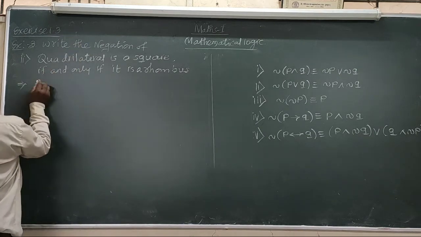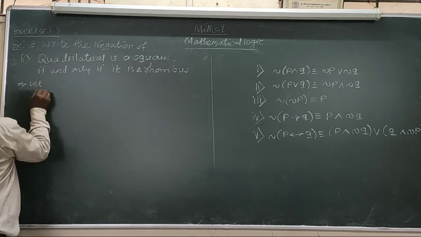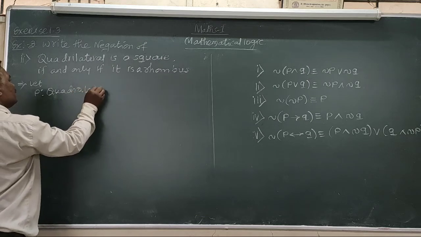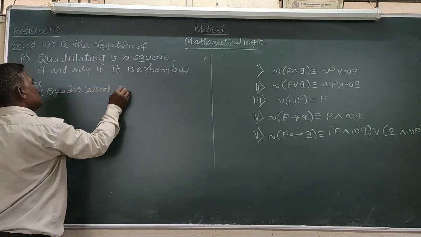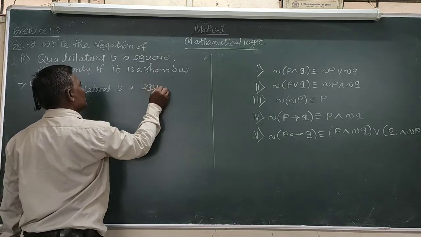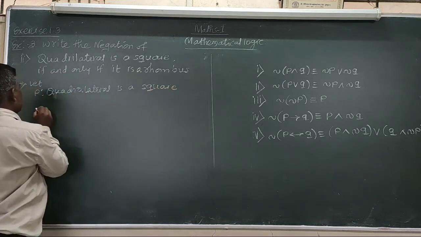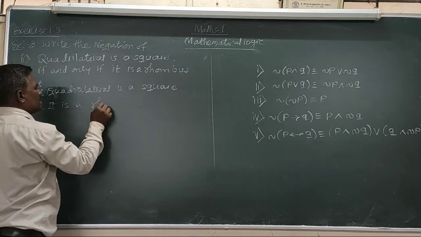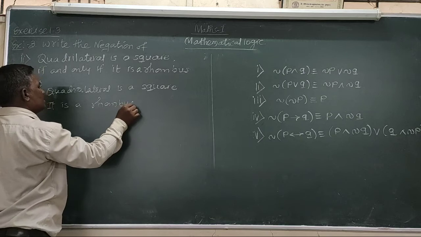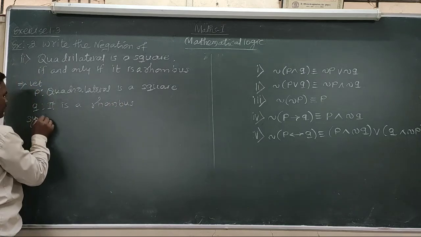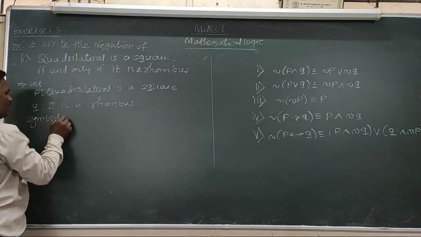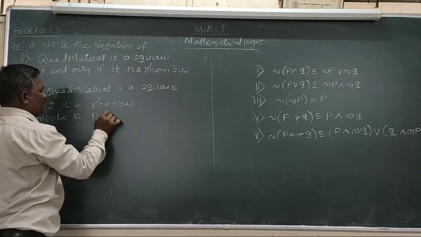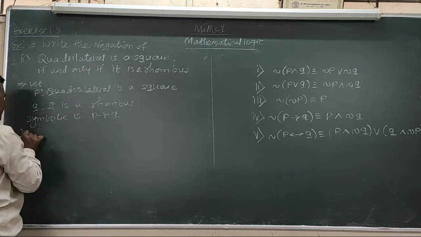Let P be quadrilateral is a square and Q be it is a rhombus. The symbolic form is P if and only if Q. Therefore, write its negation.